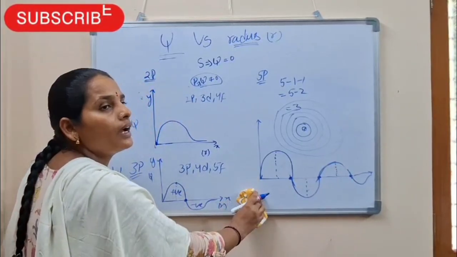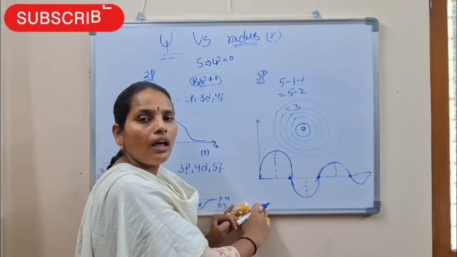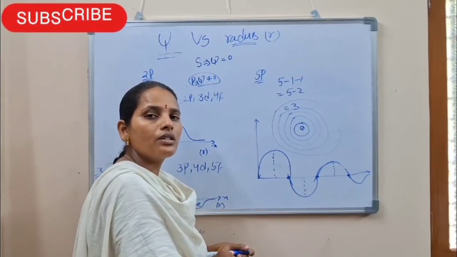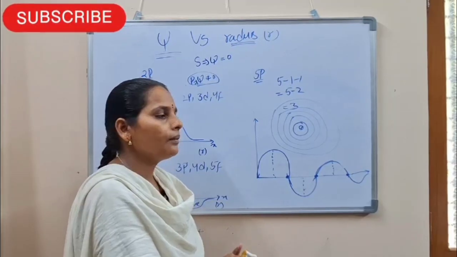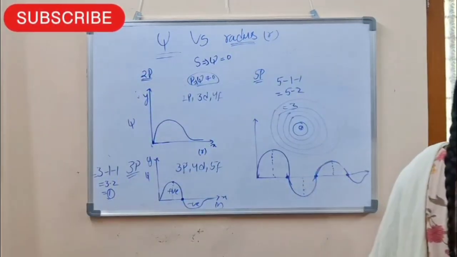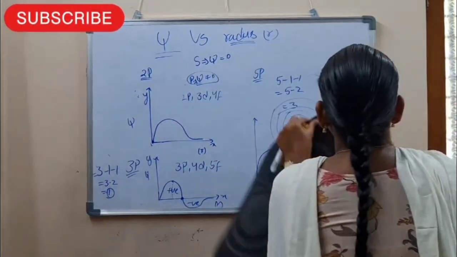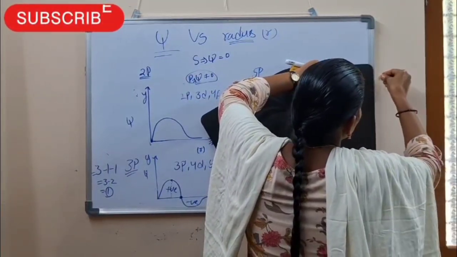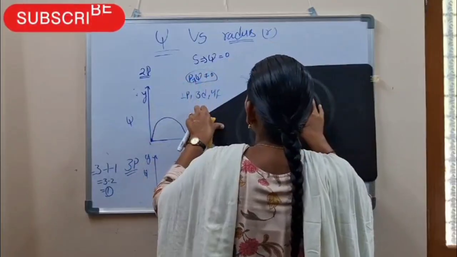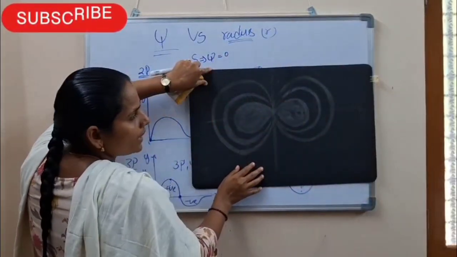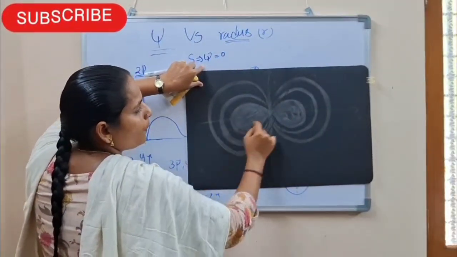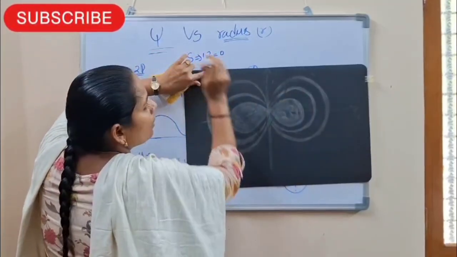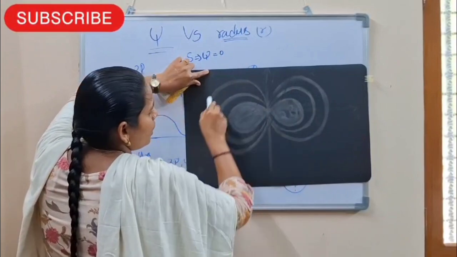Next, for a p orbital, if you take it on the x-axis, the xy and yz planes are the nodal planes, nothing but the angular nodes. I will show you the visual representation. Students, see, this is the 2p orbital, this is the 3p orbital, and this is the 4p orbital.